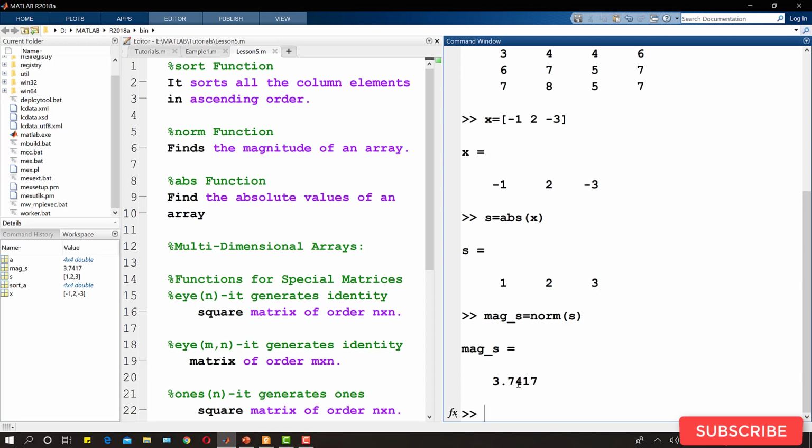So this is the magnitude of this S matrix, 3.7417. Now if I do it manually, how can I do it? I can do it like this.